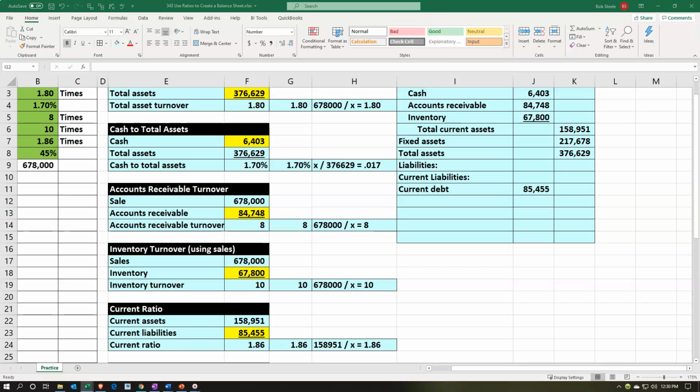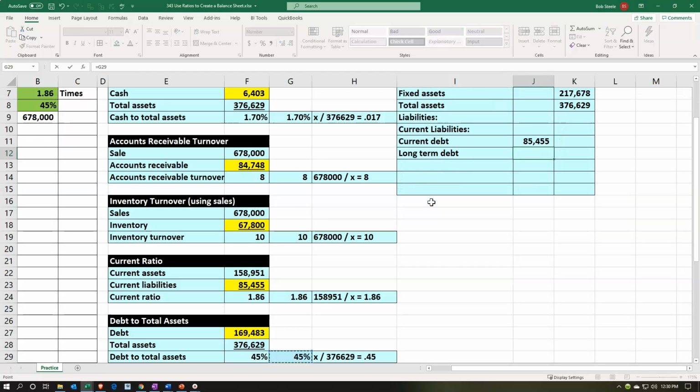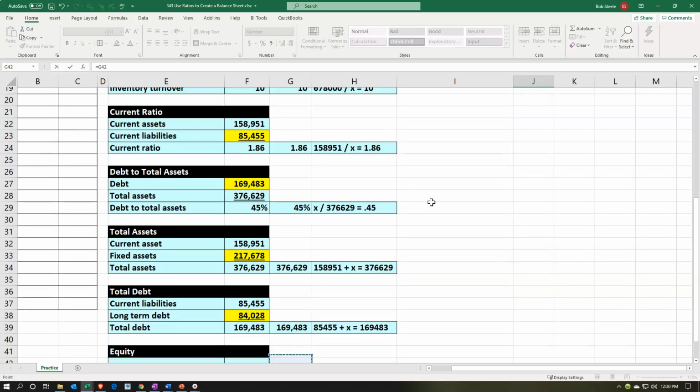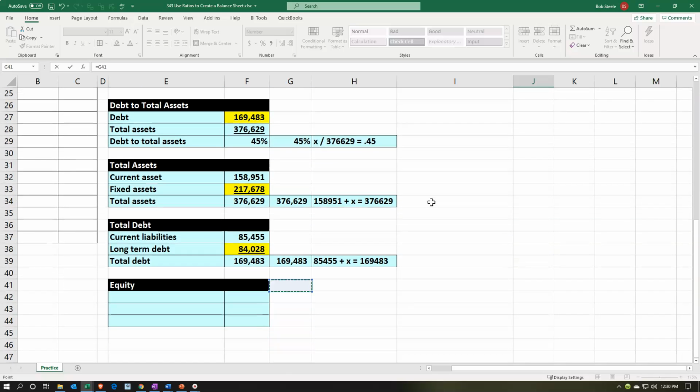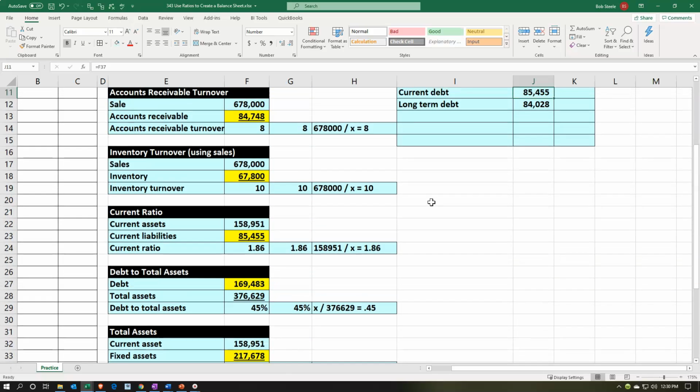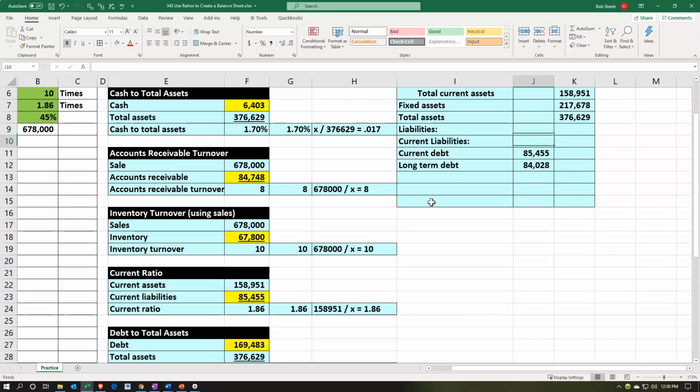And then we've got the long-term debt, which is going to be equal to the long-term. So there we have that. Now, since this is current and long-term, I'm going to put these both in the outer column like so, and then that'll give us our total liabilities.